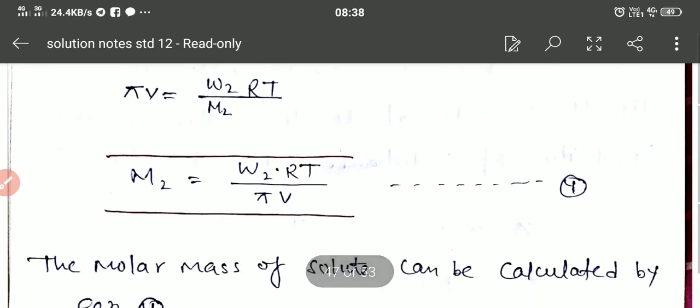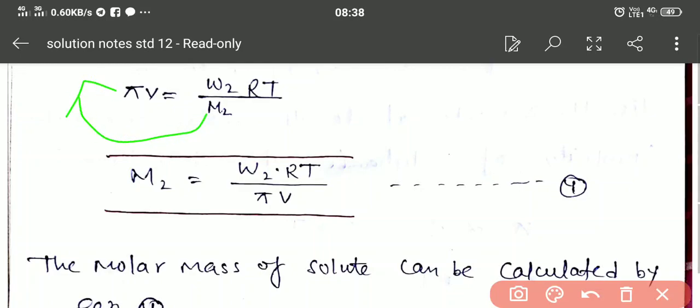Now if we take M2 on this side, we get the equation of molecular mass, that is M2 is equal to W2 RT upon pi V. So from this equation we can find the molecular mass of the solute which is present in the given solution.